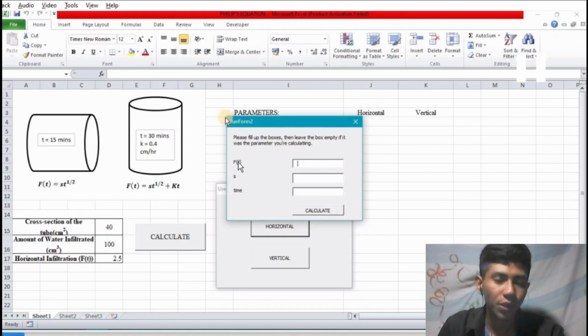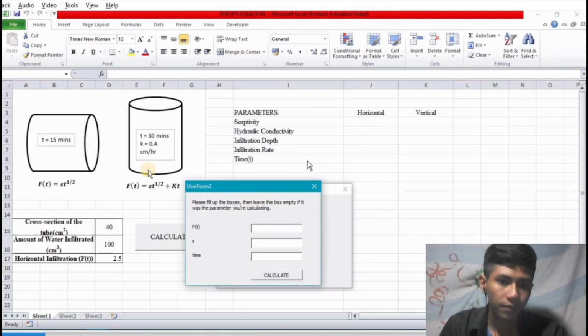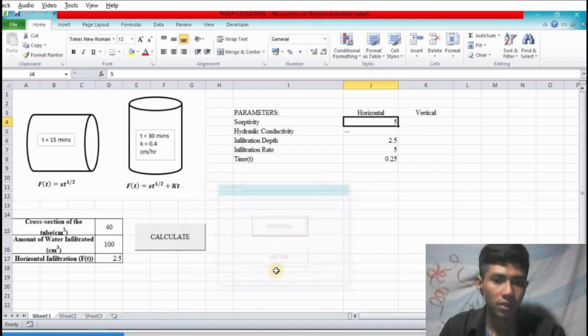So we have the value of cumulative infiltration, which is 2.5. Sorptivity will be left blank because it was the parameter that we're looking for, and then the time is 15 minutes or 0.25 hour.